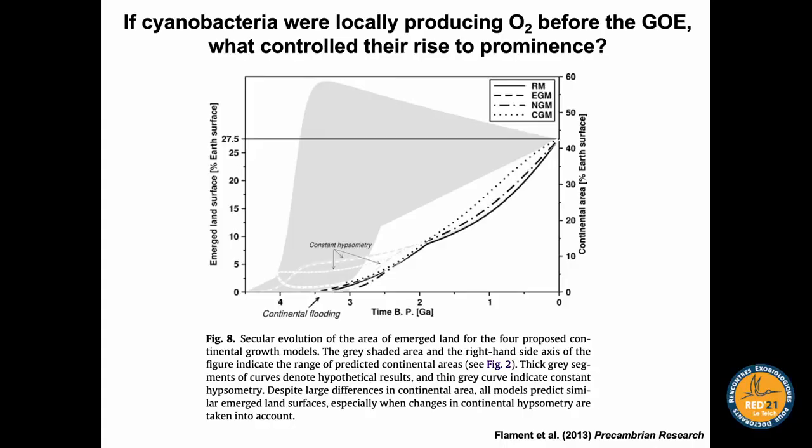Now, finally, this is a bit of speculation. If cyanobacteria were locally producing oxygen before the GOE, what controlled their rise to prominence? Why were they producing relatively little, and then eventually may have produced enough to oxidize the planet? Well, this may be related to the amount of continental surface the early Earth had.